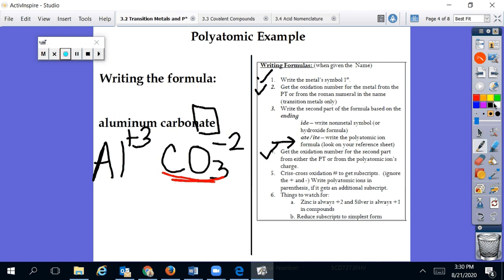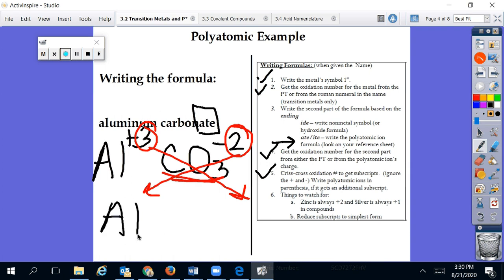The next step is just like simple ionic, where we crisscross just the numbers to get the subscripts. So the 2 and the 3 are crisscrossed down. What you've got to be careful of is, because CO3 is stuck together like glue, we've got to reflect that when we write the numbers below: this 3 is on the whole carbonate, not just the carbon, not just the oxygen 3.